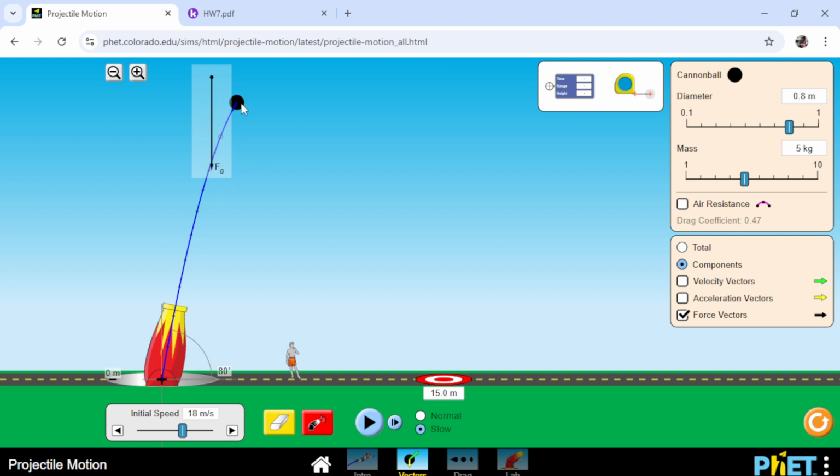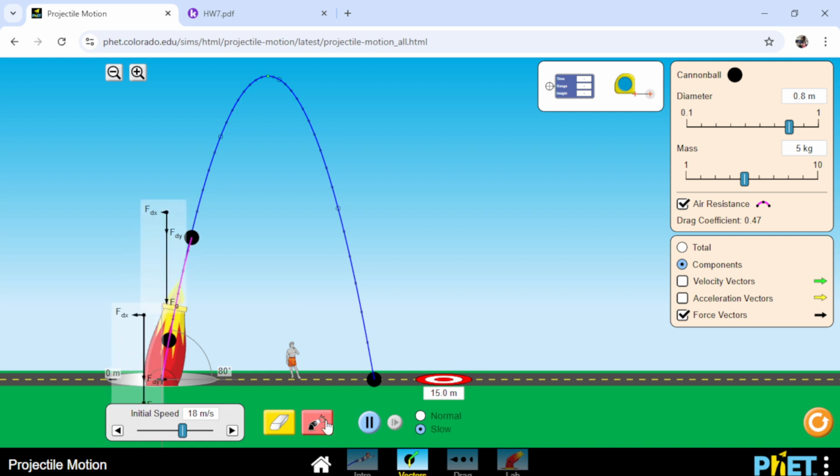We don't have any horizontal force. So it will continue, and this is a constant force downward, which is weight. Now, what will happen if we have air resistance?